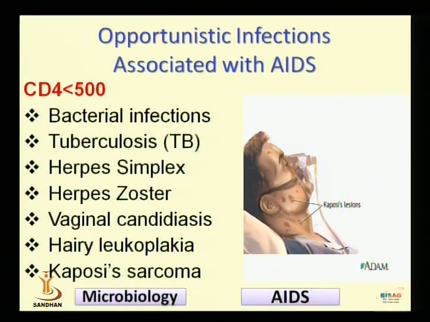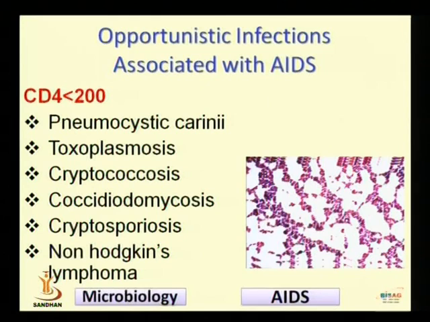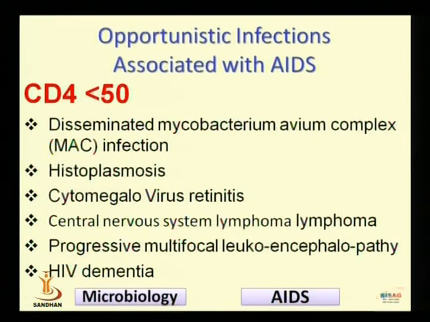When the CD4 count reduces below 500, various bacterial infections, tuberculosis, herpes, vaginal candidiasis, hairy leukoplakia, Kaposi sarcoma start appearing. When the count reaches below 200, still other opportunistic infections like pneumocystis carinii, toxoplasmosis, cryptococcosis, coccidioidomycosis, cryptosporidiosis, and non-Hodgkin's lymphoma may also be observed.